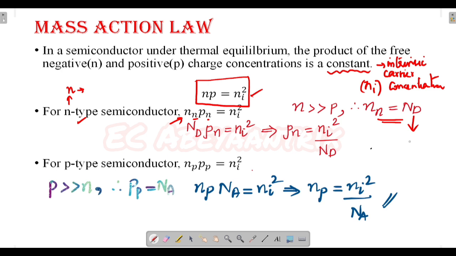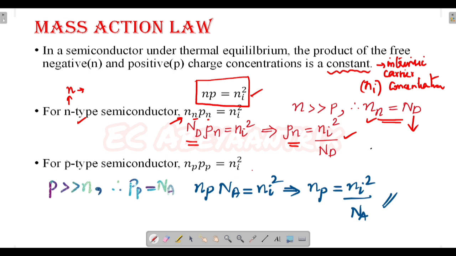The number of donor atoms added will be equal to the number of free electrons formed. So we can rewrite Nn as Nd, and Nd into Pn equal to Ni square. From this we can calculate the number of holes in an N-type semiconductor as Ni square by Nd. This formula is widely used for many problems and calculations.